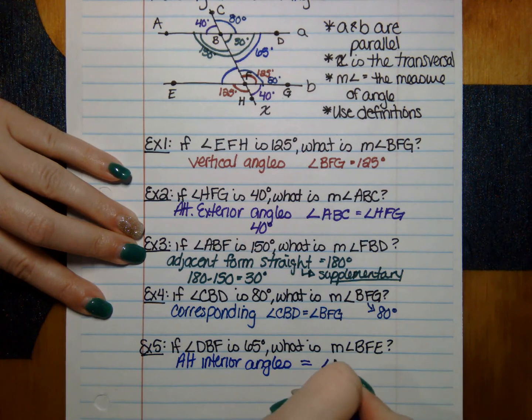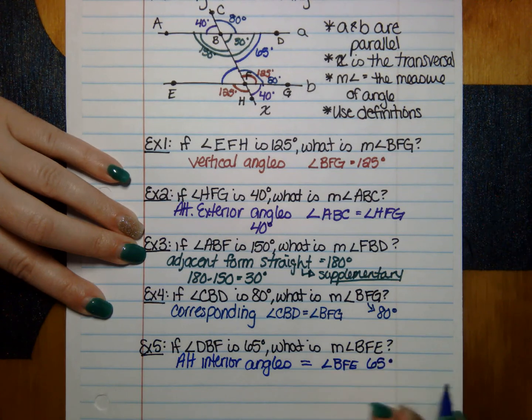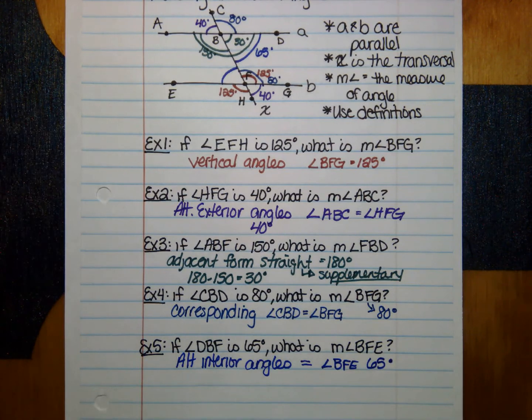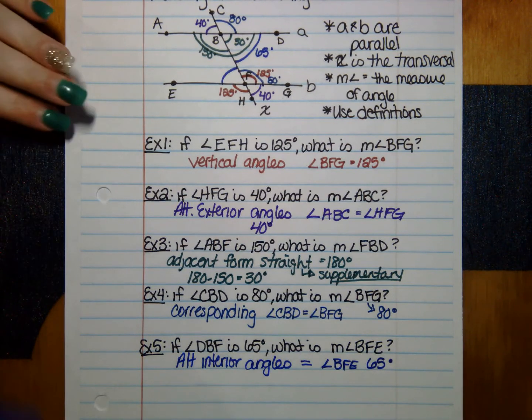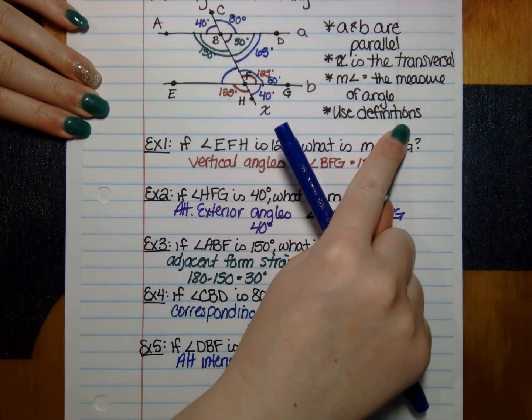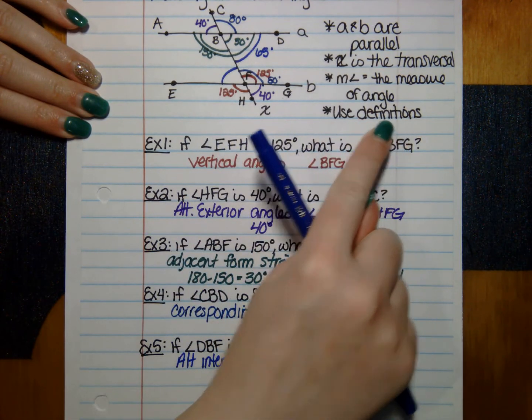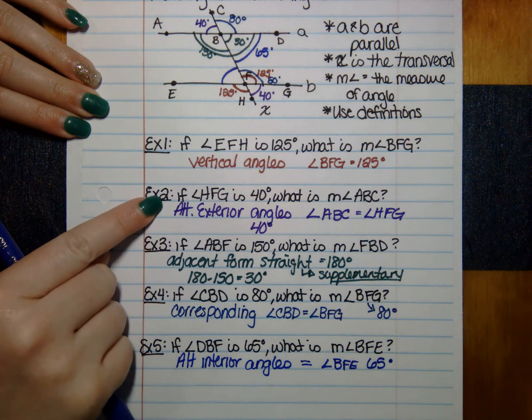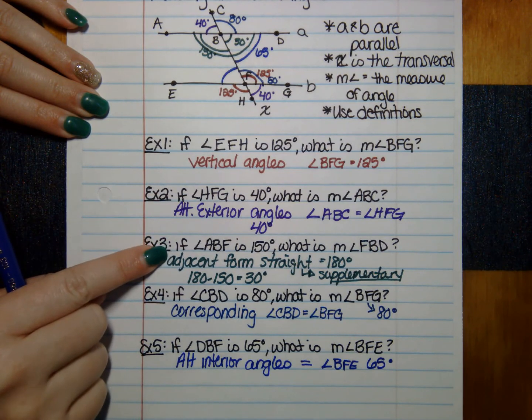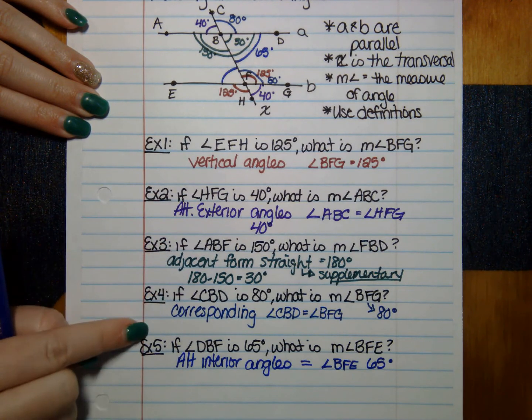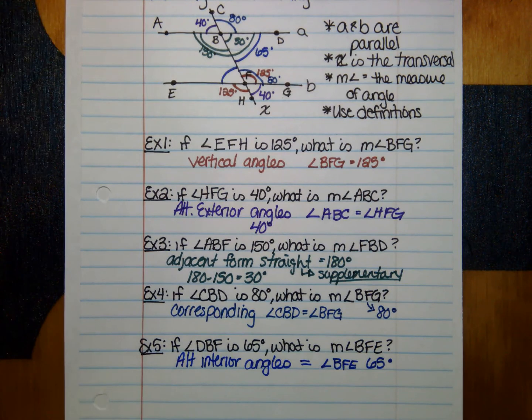Therefore, angle BFE would also have to equal 65 degrees. Again, it's knowing and remembering the definitions that we learned before. Your vertical angles, alternate exterior, straight angles are supplementary, corresponding, and alternate interior angles.